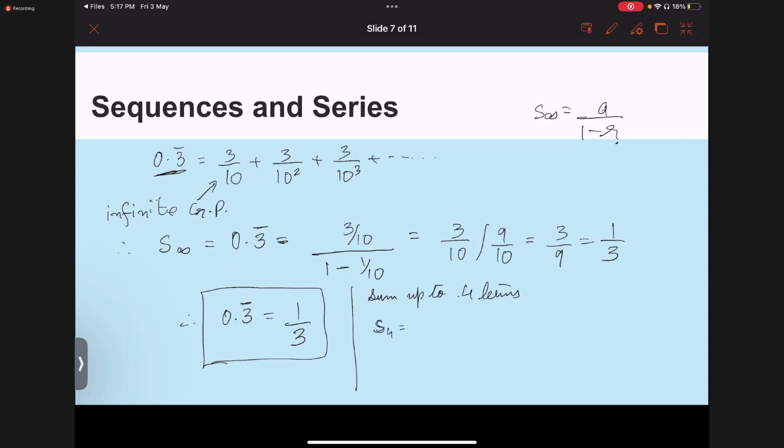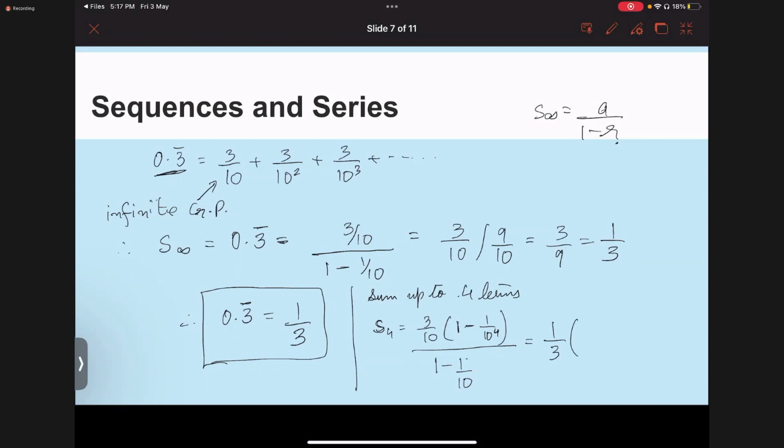So S4 would be A, 3 by 10. Since R is less than 1, we have 1 minus 1 upon 10 raised to 4, divided by 1 minus 1 upon 10. So you write 3 by 10 and this is 9 by 10, this gets cancelled and you will get 1 by 3 over here.